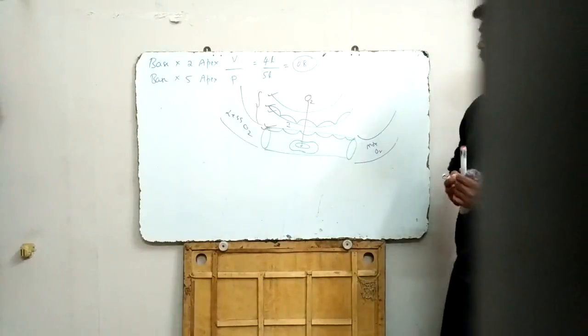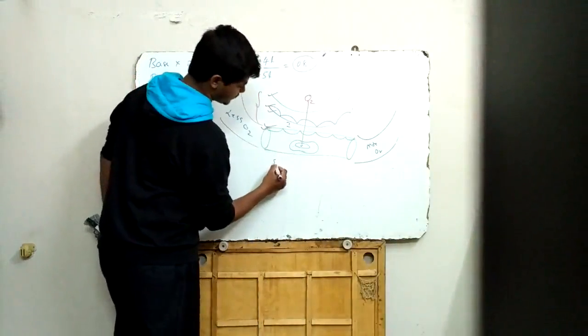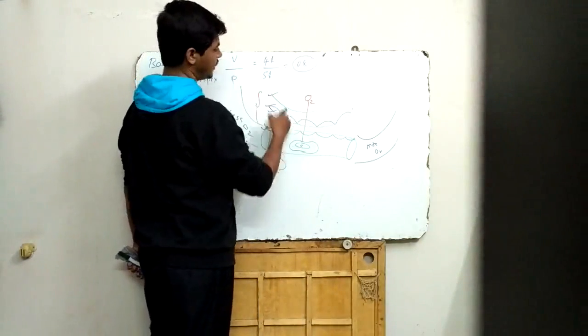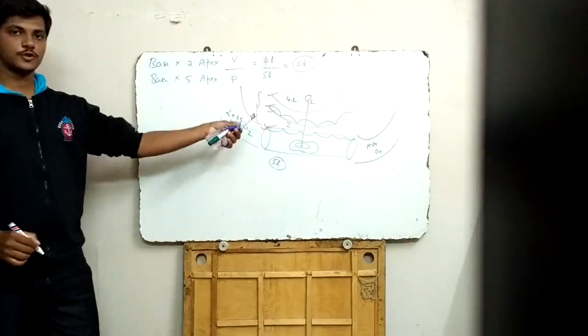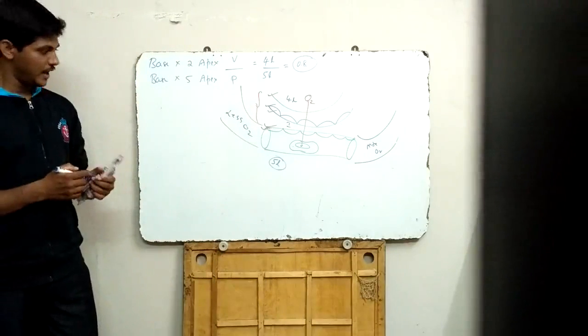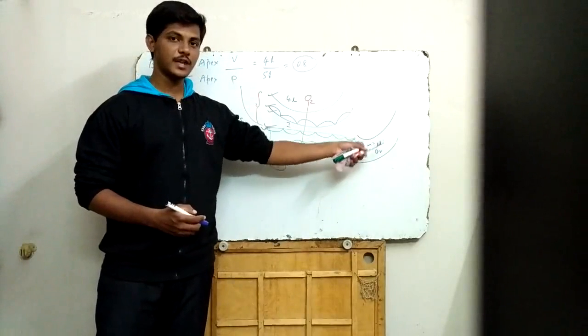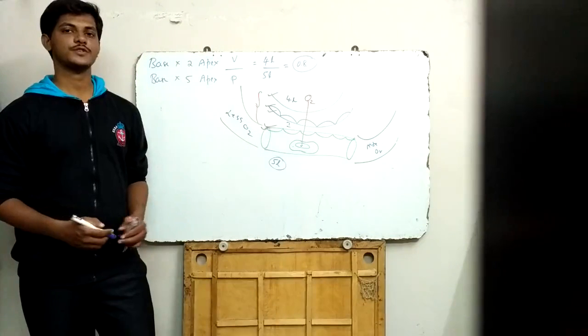But normally the perfusion through here is 5 liters, while the ventilation is only 4 liters. It means some amount of the blood is not oxygenated properly. Whatever blood this vein carries, some amount of it is less oxygenated blood. This is shunting.